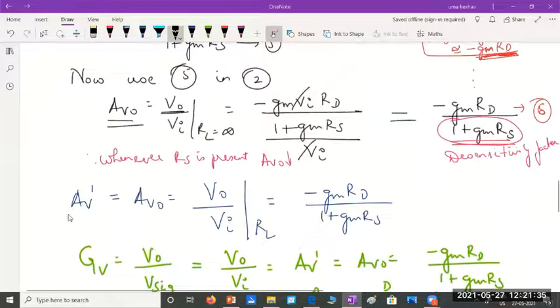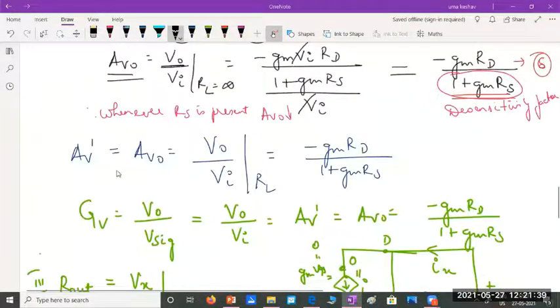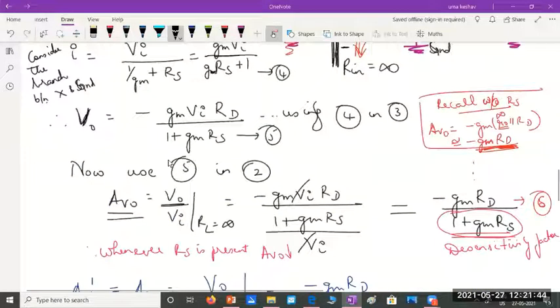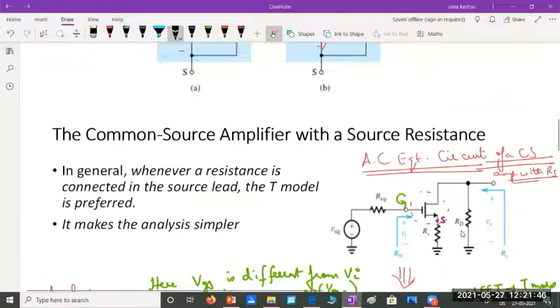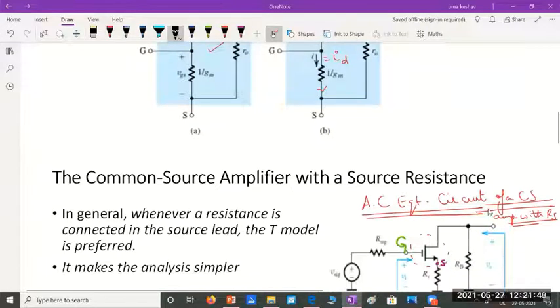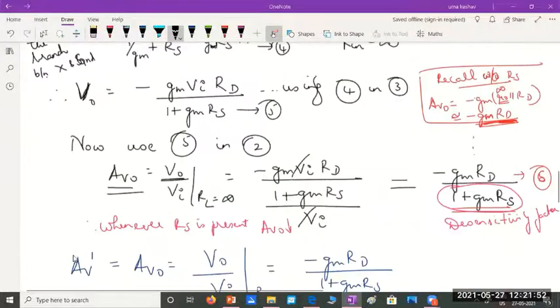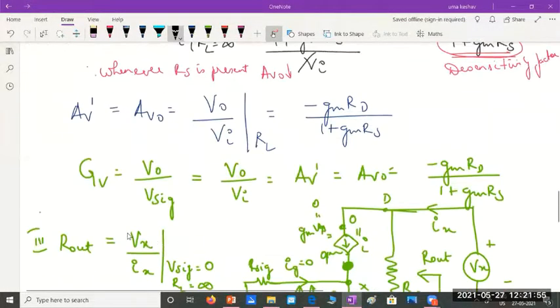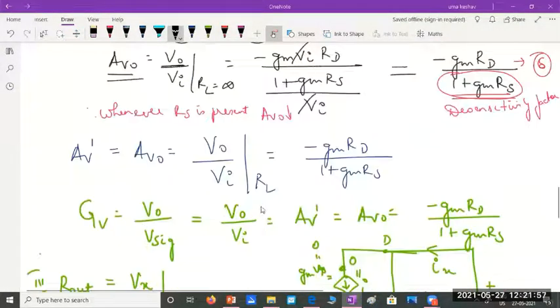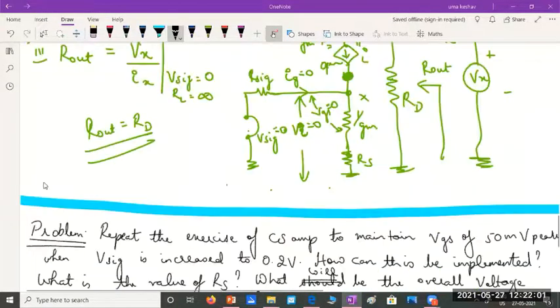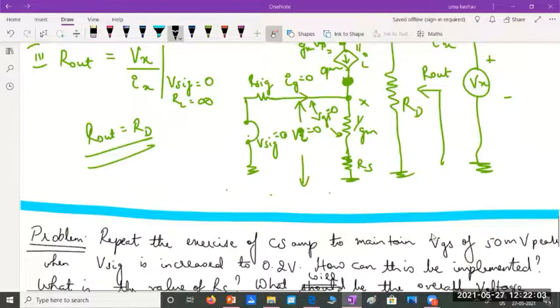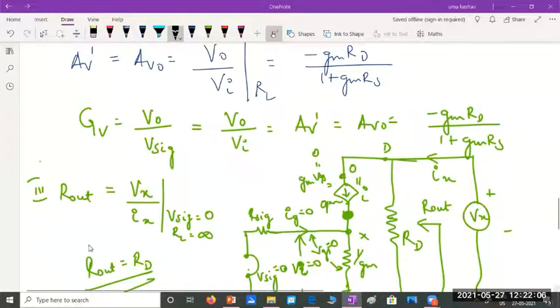And if you have a load resistance, AV dash will be different from AVO. But here, since we had not written any other load resistance, we had just considered RD, AV dash was the same as AVO, and GV was also the same as AVO in this case. And Rout, the output impedance, was found equal to this resistance RD.